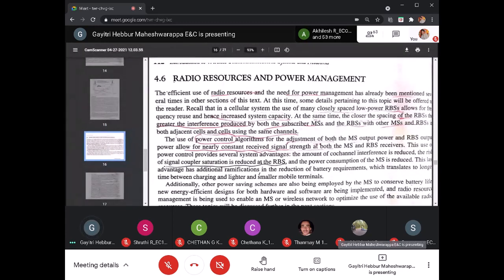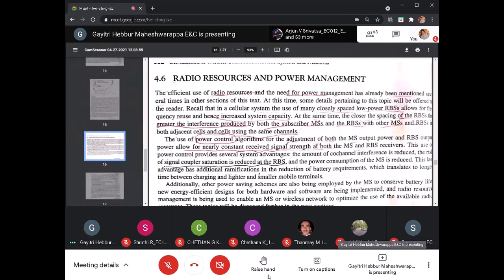right? If it is near to the BTS, the MS will reduce the output power, so it is saving power. If it is far away, it has to transmit more power to reach the radio base station. This is how it is controlling the power management. And also the reduction in the battery requirements.